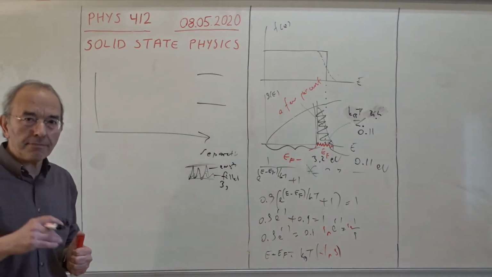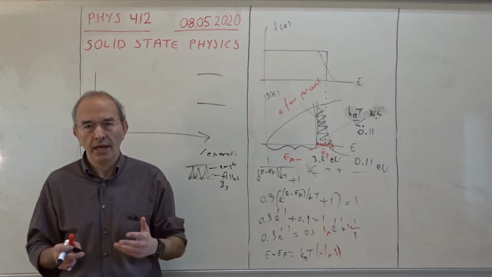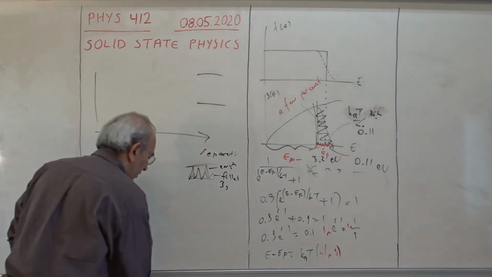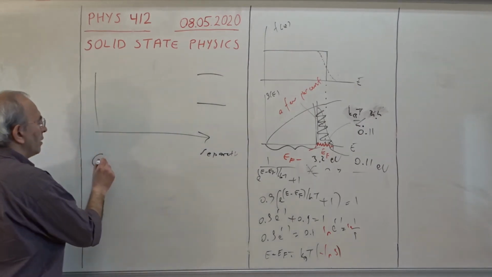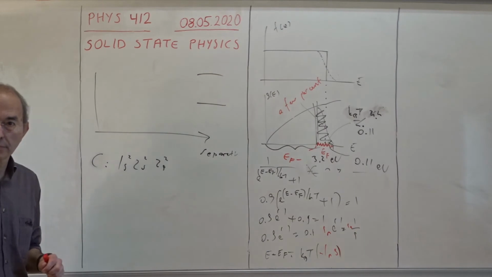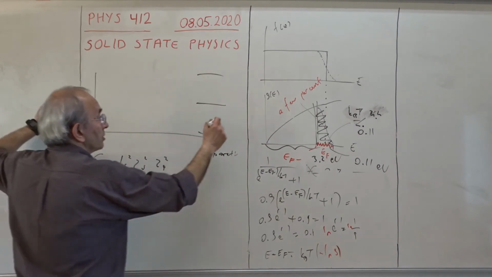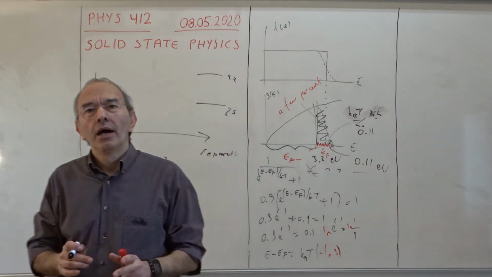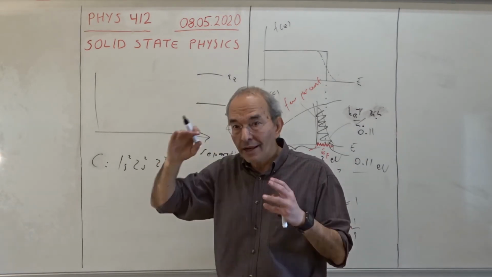Alright, now let's consider carbon. Carbon, diamond, silicon all have the same atomic structure. So let's consider carbon: 1s2, 2s2, 2p2. These are the 2s and 2p levels. For separate, infinitely far apart atoms, we have discrete, separate levels.